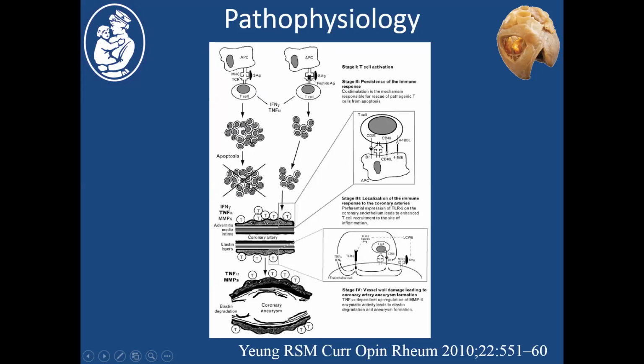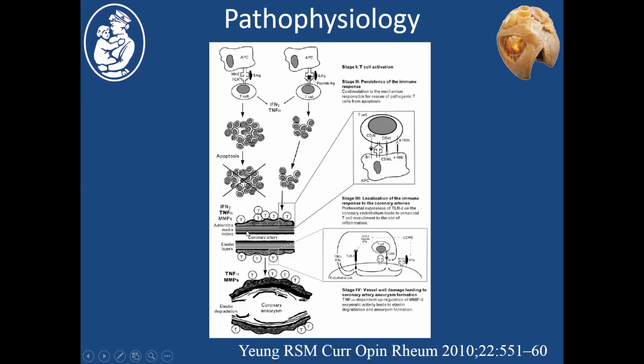Most of the time, these would undergo apoptosis, but because of the co-antigen here, the co-stimulant, these don't undergo apoptosis. So we end up with a very large number of activated T lymphocytes that then can interact with innate receptors, the toll-like receptors, which seem to be concentrated on coronary arteries and other small muscular arteries that we see involved in this.